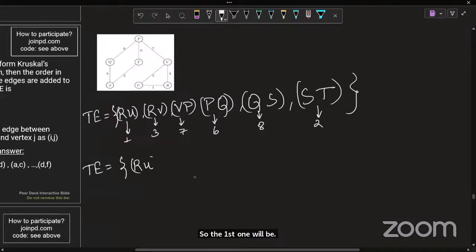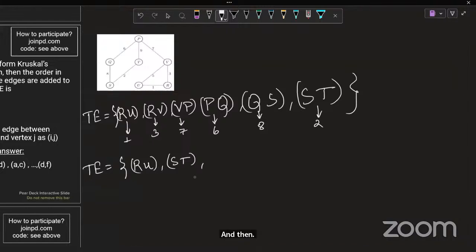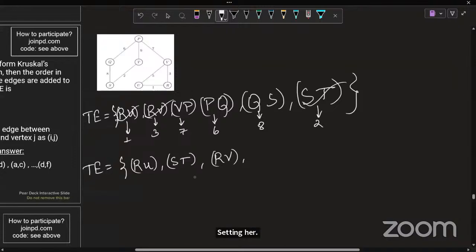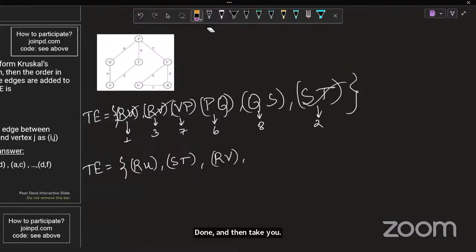RU. It's fine, right? Then ST, then RV, and then PQ. This one is done, this one is done, and then PQ.